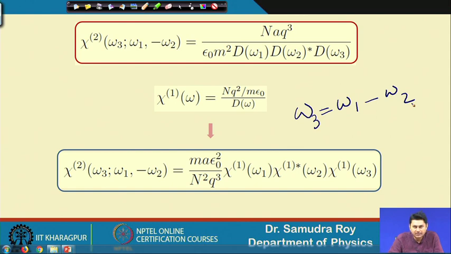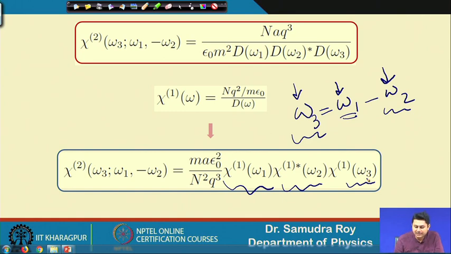When we take ω3 equal to ω1 minus ω2, 3 different frequency components are associated with this. So, now this is proportional to the first order susceptibility of this frequency, the first order susceptibility of this frequency and the first order susceptibility of this frequency. This is a very interesting outcome that we have, and this is called Miller's rule.